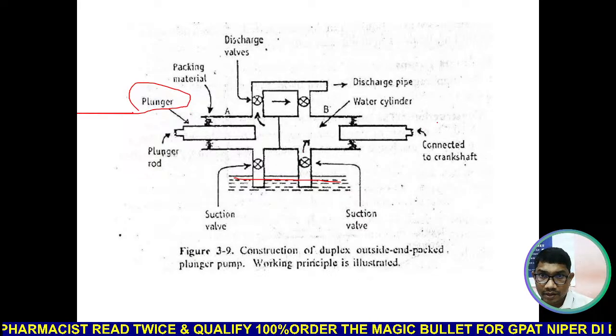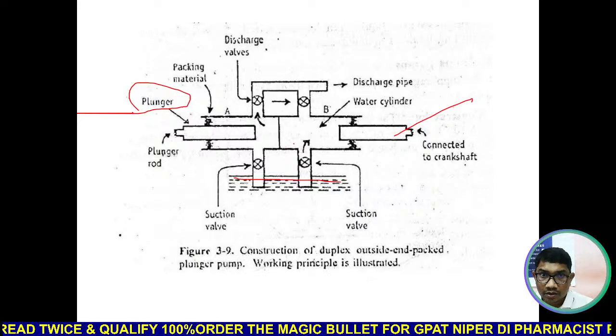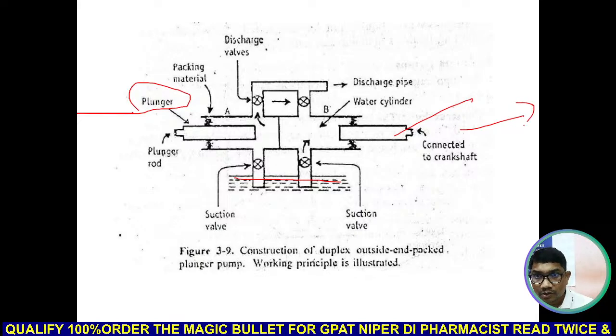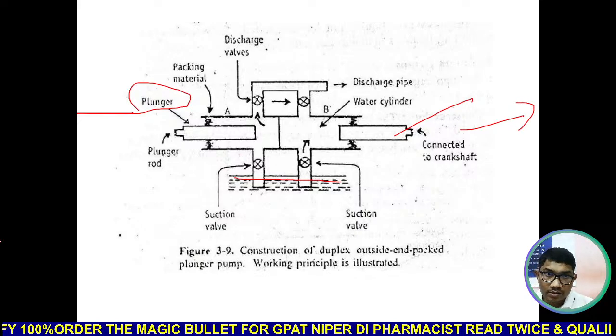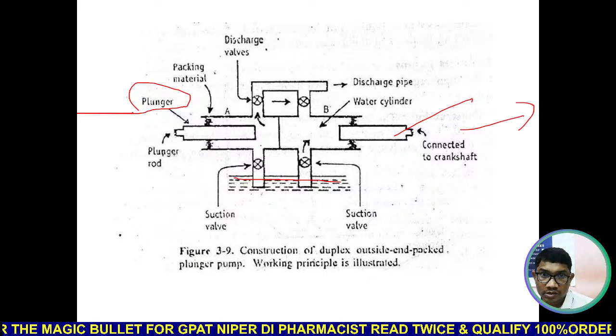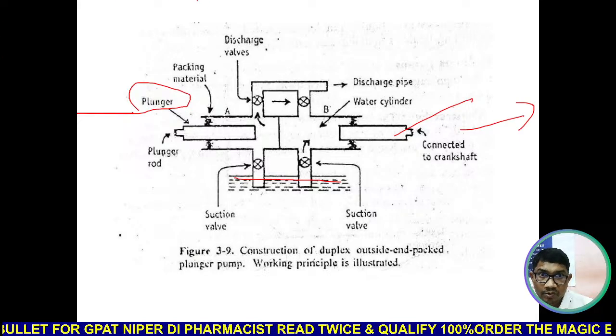Here is one plunger, here another. When these two plungers move outward, liquid will be sucked into the cylinder, and when they move towards each other, liquid will be pumped out.